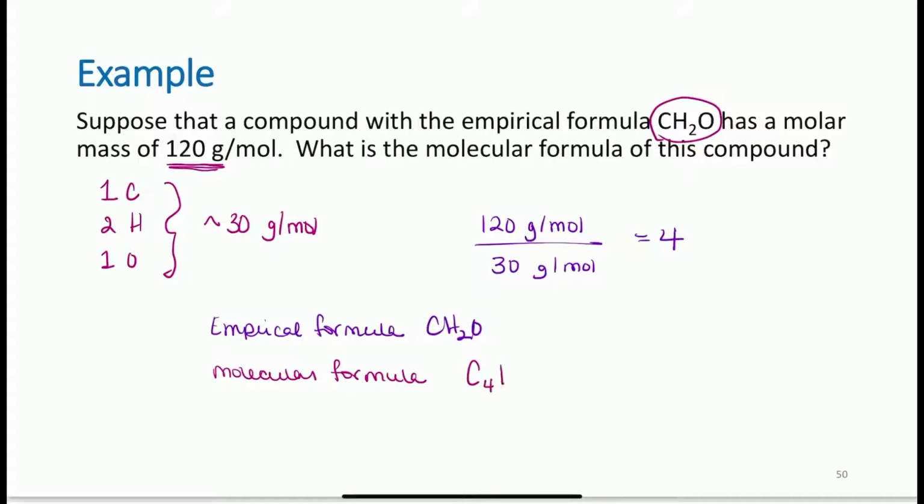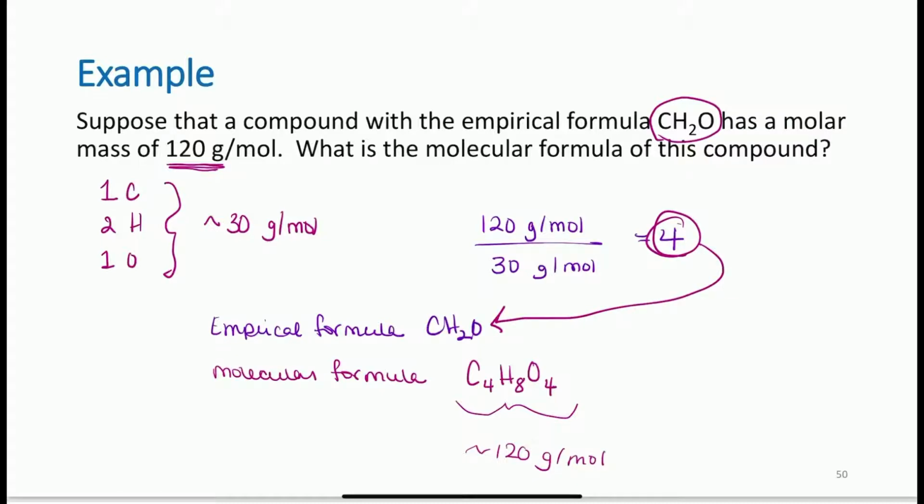So C4H8O4. And if I added up the molar mass of this, I would find it to be approximately 120 grams per mole. So this 4 means I'm going to take the empirical formula and multiply it by that ratio. So 4 times CH2O, which will give me C4H8O4.